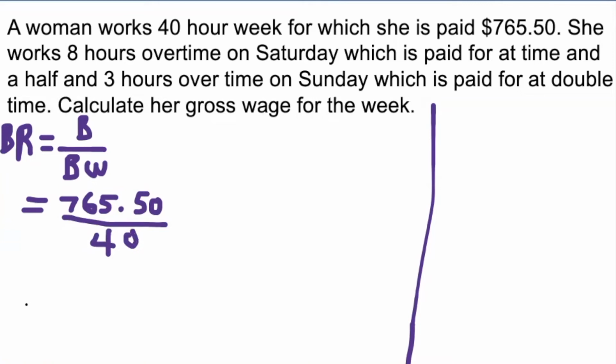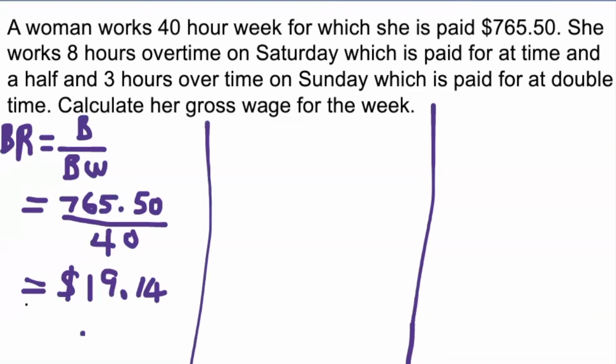So $765.50 divided by 40, that will give me $19.14. So this is the basic rate. Now, when you're doing overtime, what's happening?